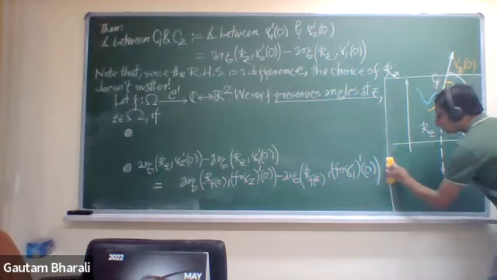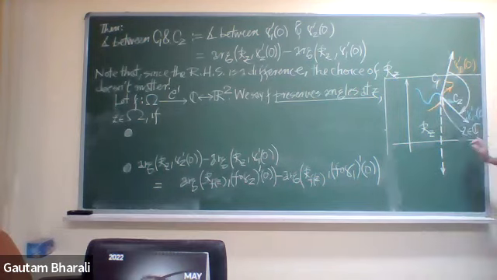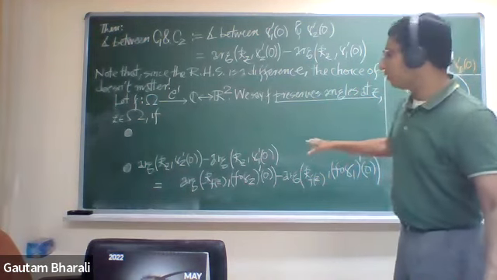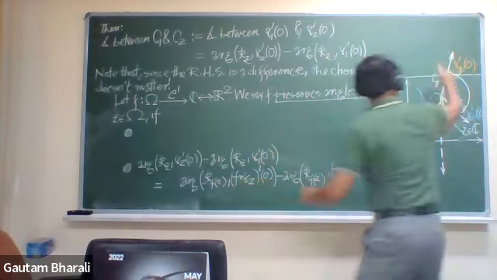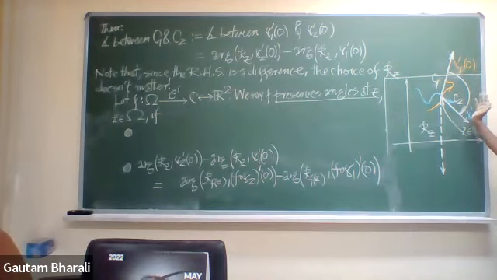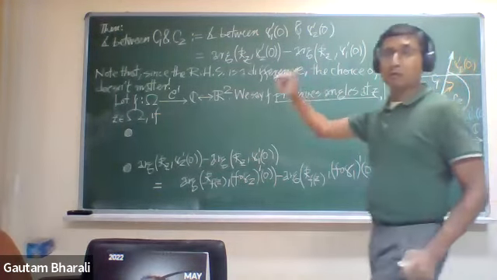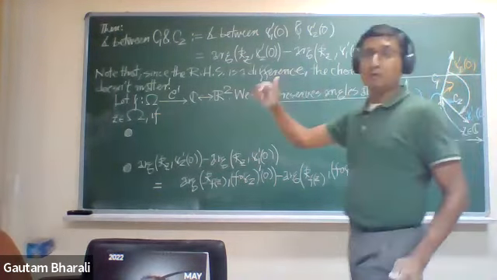Now, you see, I made a big production about how this angle could be positive or negative, if you consider counterclockwise measurement to be positive and clockwise measurement to be negative.